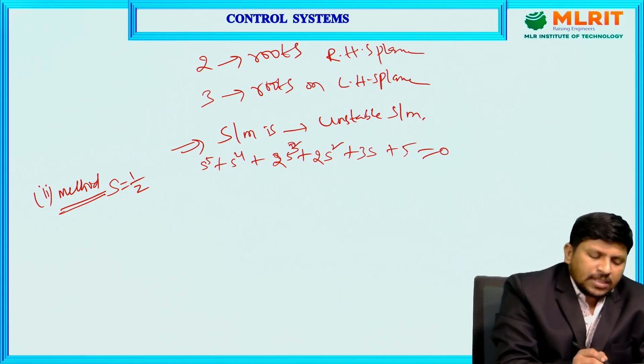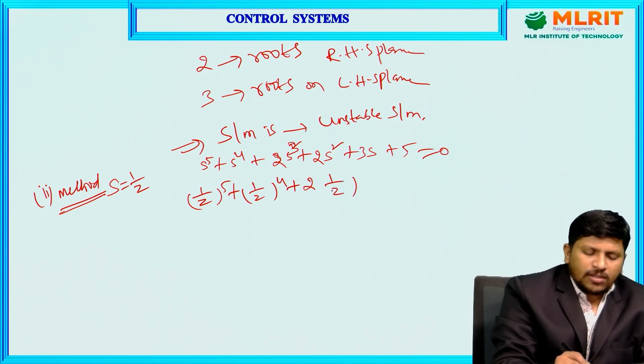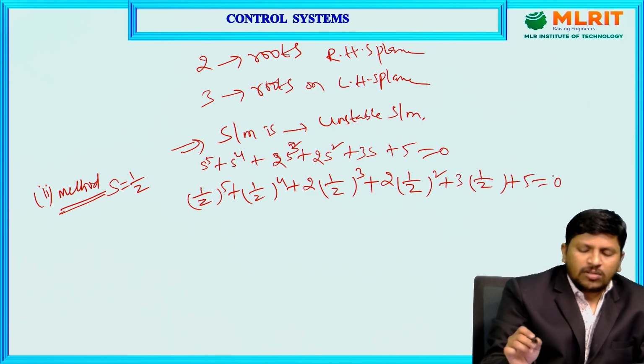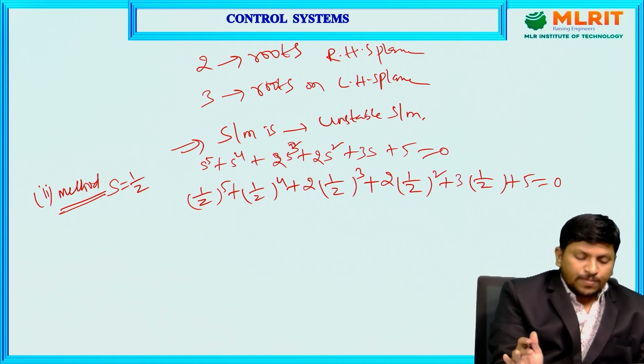Next, see here, substitute S equals 1 by Z: (1 by Z) to the power of 5 plus (1 by Z) to the power of 4 plus 2 (1 by Z) to the power of 3 plus 2 (1 by Z) to the power of 2 plus 3 (1 by Z) plus 5, that is equal to 0.